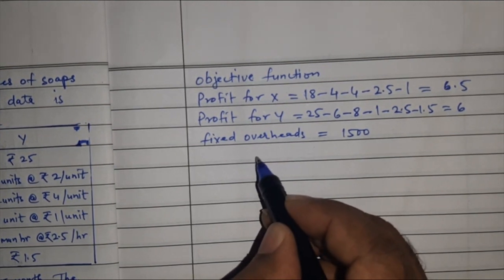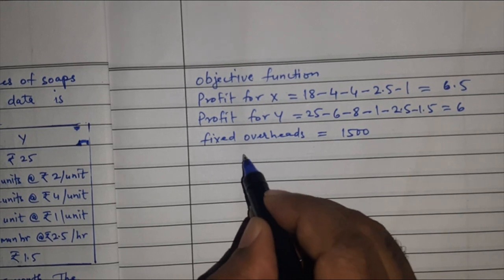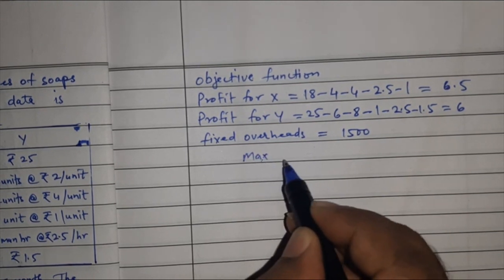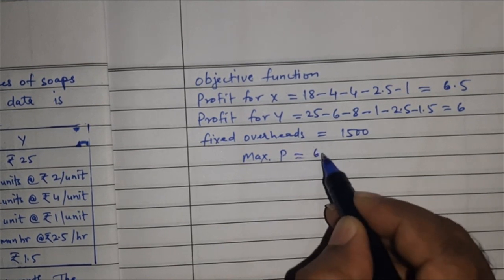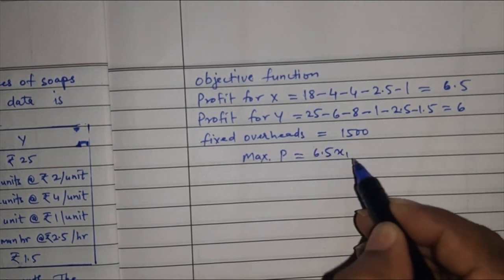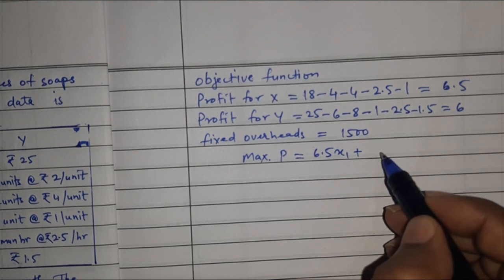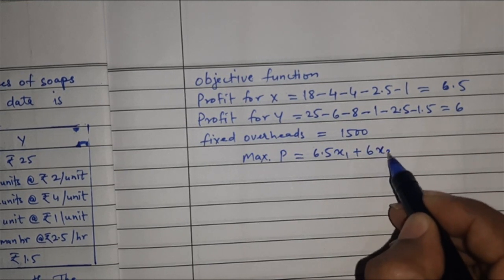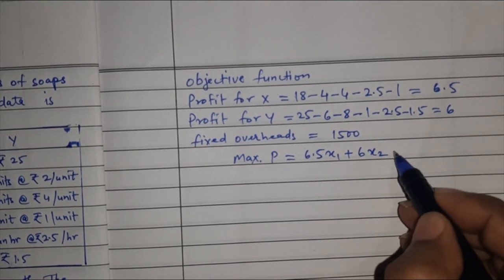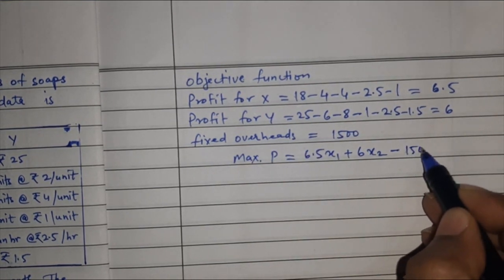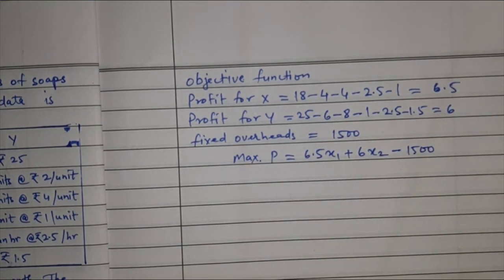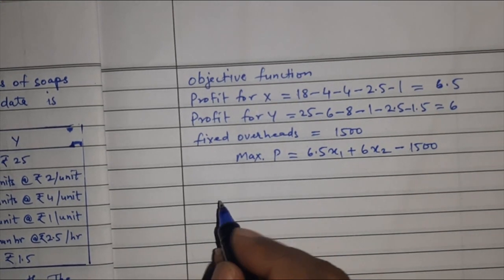Because it's a profit, we have to maximize it. So max P equal to 6.5 x1 plus 6 x2, and we have to subtract the fixed overhead cost, which is 1500. Okay. This is my objective function.